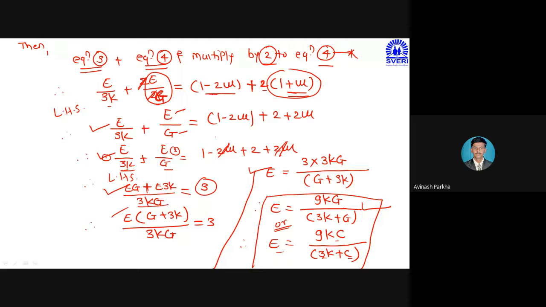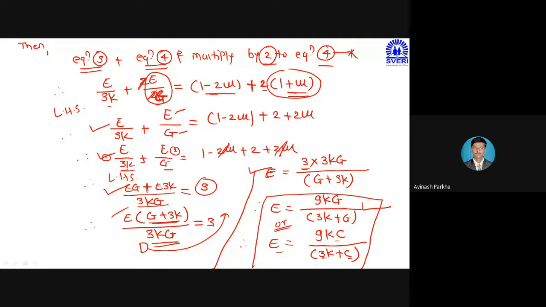Now finally I have to obtain my final equation in the form of capital E, that is Young's modulus. So this E I have taken at the left side as it is equal to, this 3 is also present at the right side as it is. Now this 3kG term is present at the left side in the denominator, if I take this term to the right side, it will get multiplied. Therefore 3 into 3kG, and this G plus 3k term is present at the left side in the numerator.